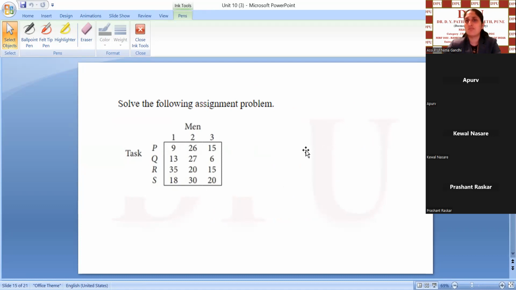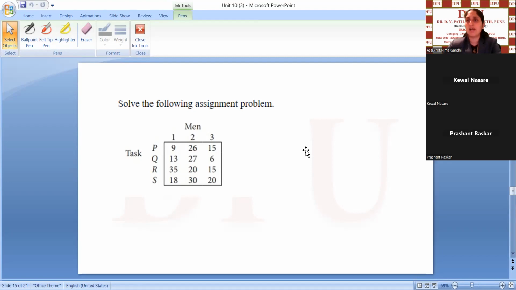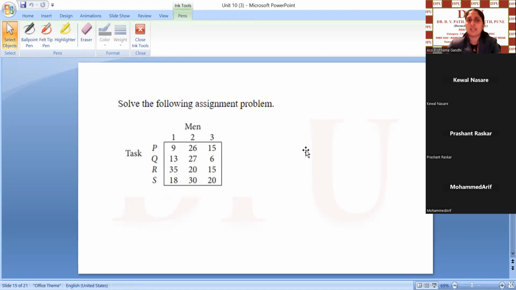Number of rows must match the number of columns. So in this problem we have to do the adjustment. We have to add a dummy column here to make the number of rows equal to the number of columns. So generally you are assigning one by one, one task to one man. So this is the assignment problem.